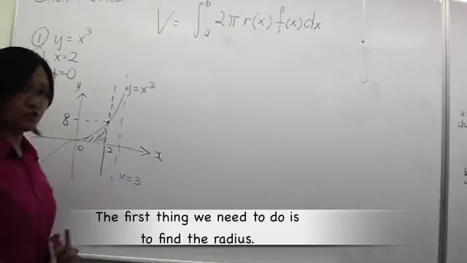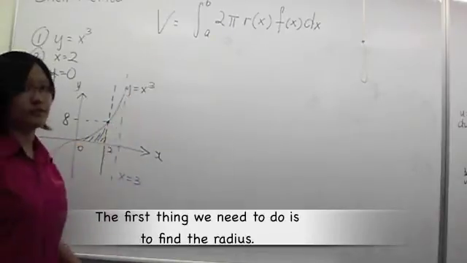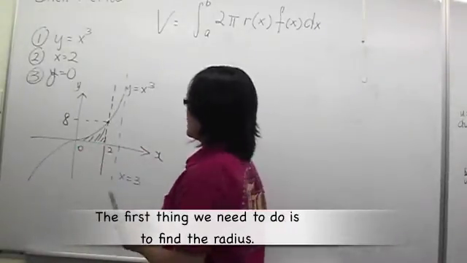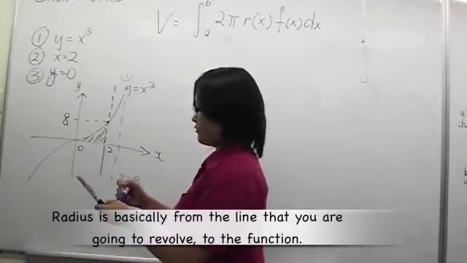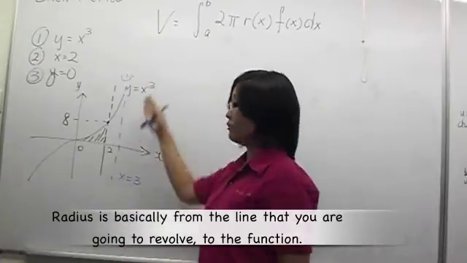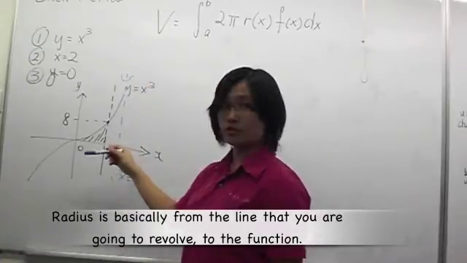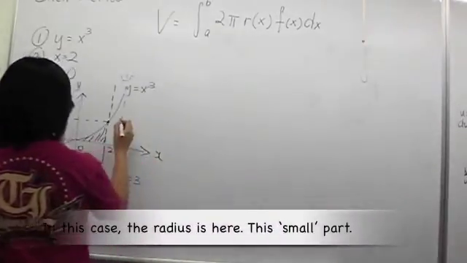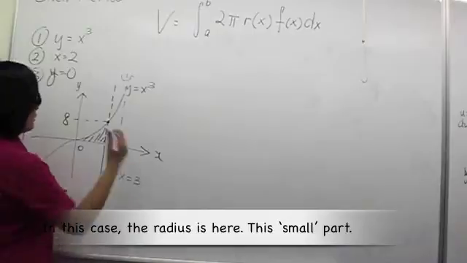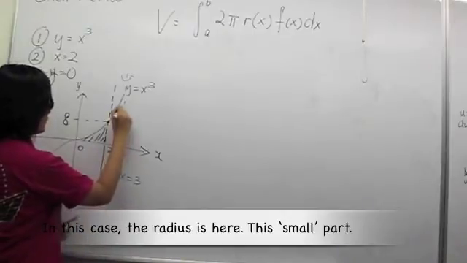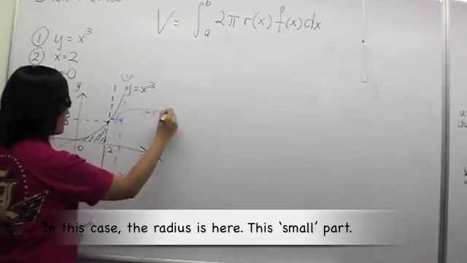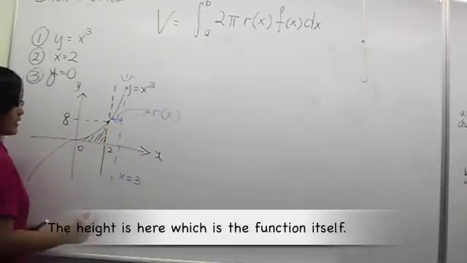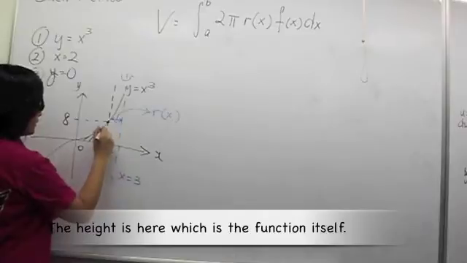The first thing we need to do is to find the radius. Radius is basically from the line that you're going to revolve to the function. In this case, the radius is here, this small part. Then the height is here.